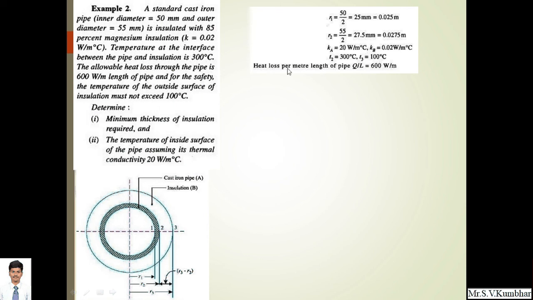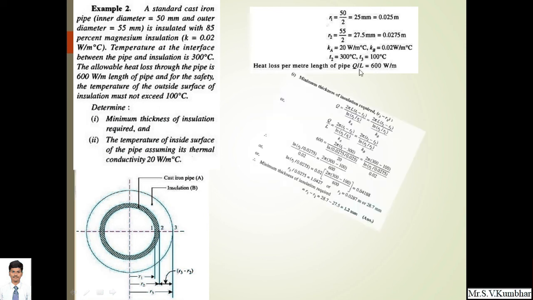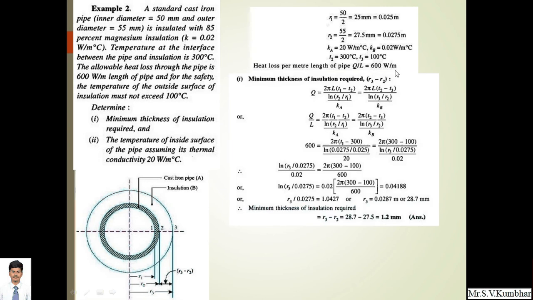The heat loss per meter length, Q upon L, is given. The allowable heat loss per meter of pipe is 600 watt per meter. So Q upon L is given as 600. So the minimum thickness of insulation is R3 minus R2.